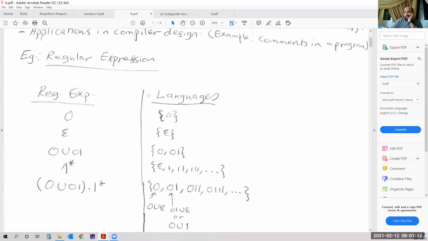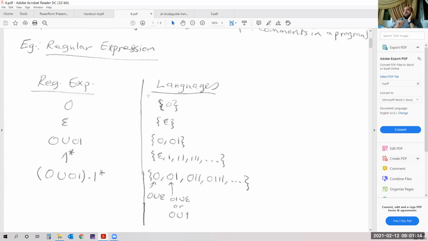So for example, let's get some insight into what we mean by a regular expression and the language it describes. If I have 0, a string of zero, then the language which accepts 0 will be regular. If I have epsilon, then the set that contains epsilon will be the language that describes this string.